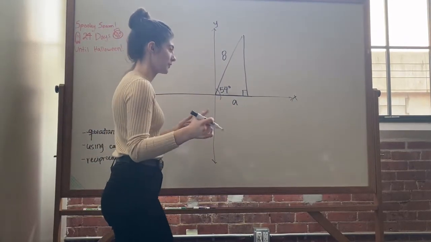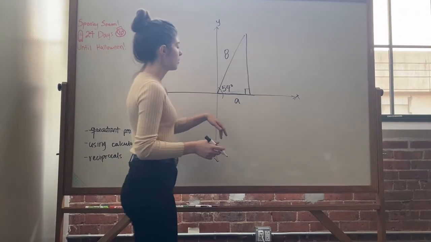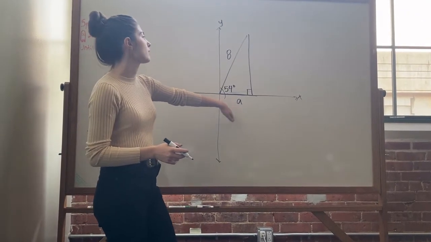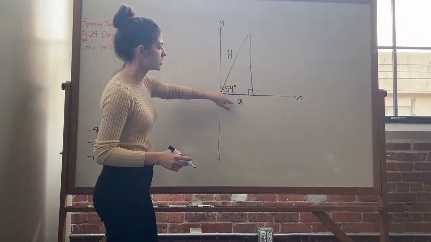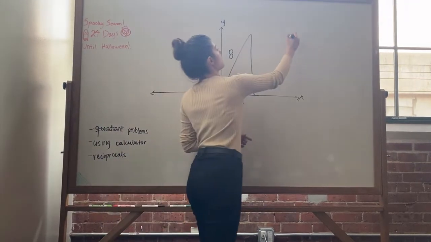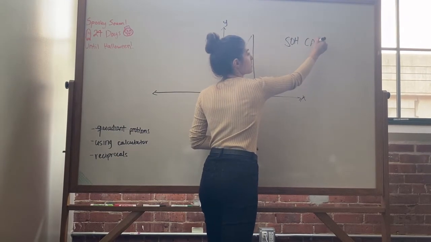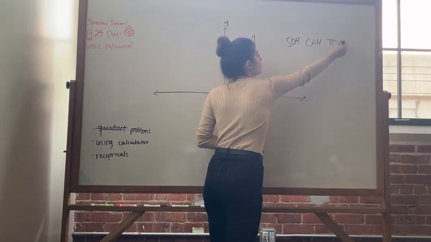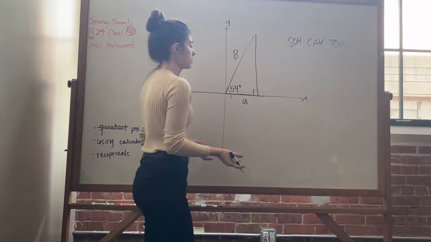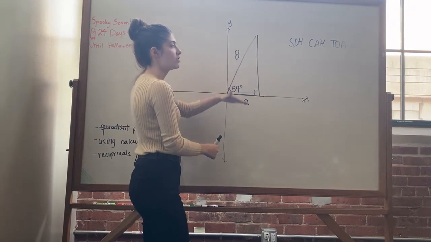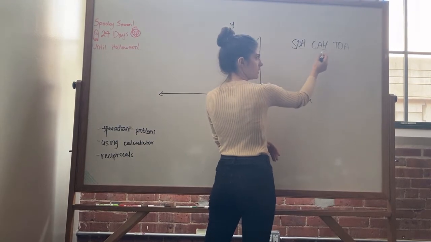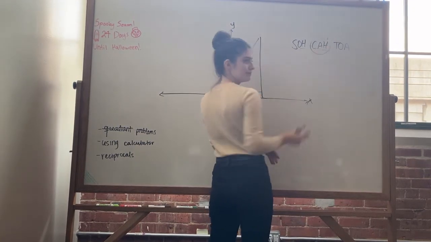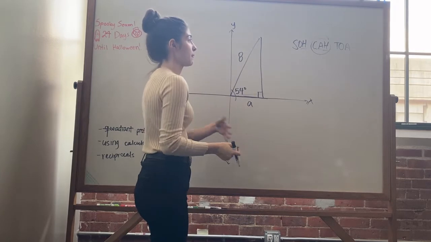So, what's this side now? We have our hypotenuse. If we're looking at this angle, this is our adjacent side. So we have to ask ourselves again, which function can we use? We have hypotenuse and adjacent, so we can use cosine.